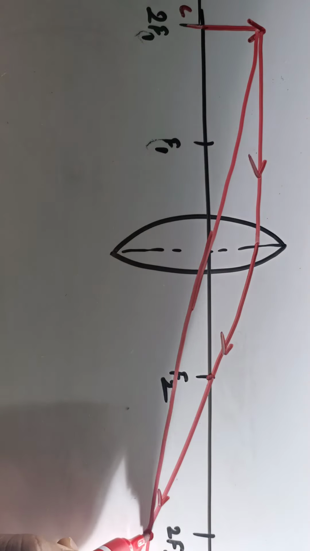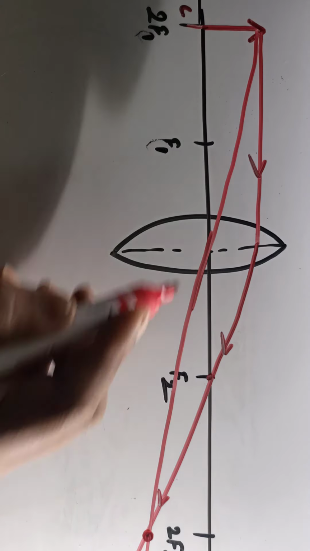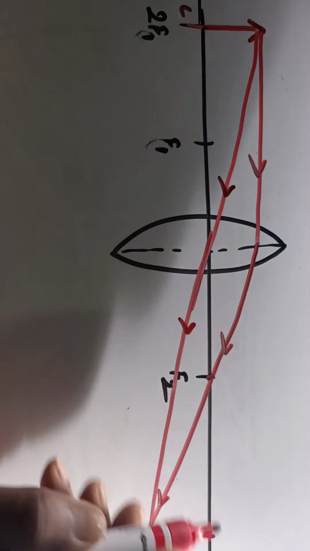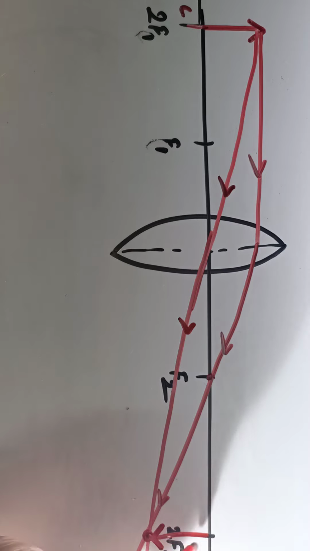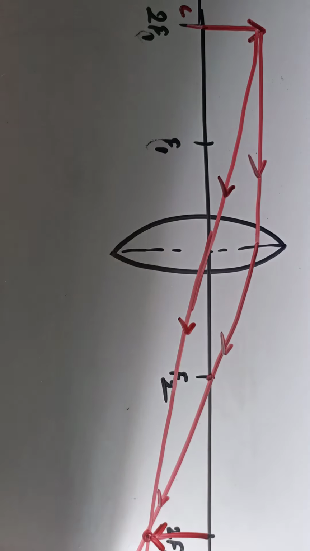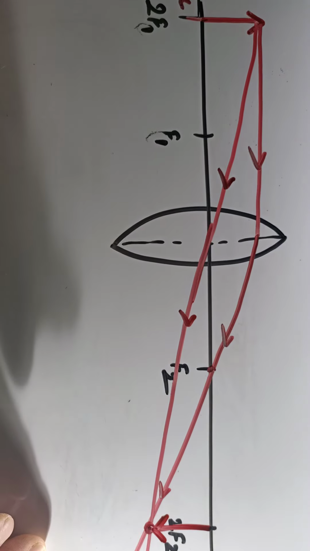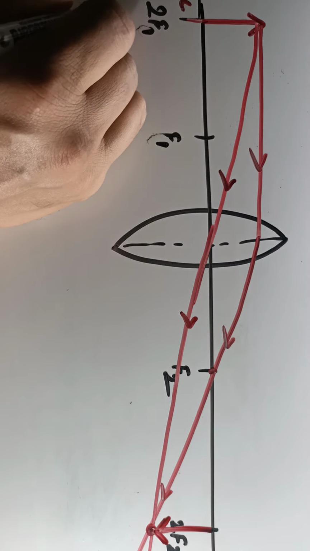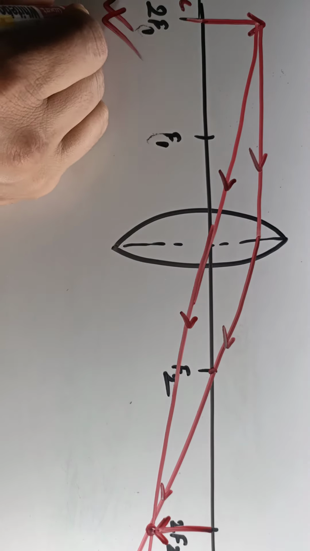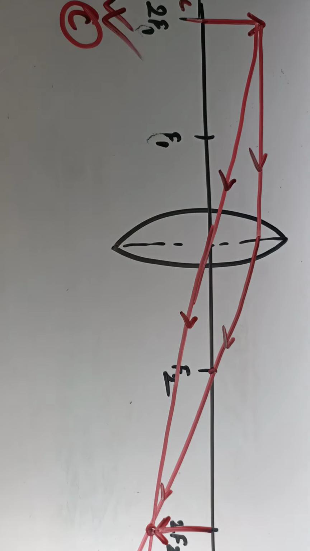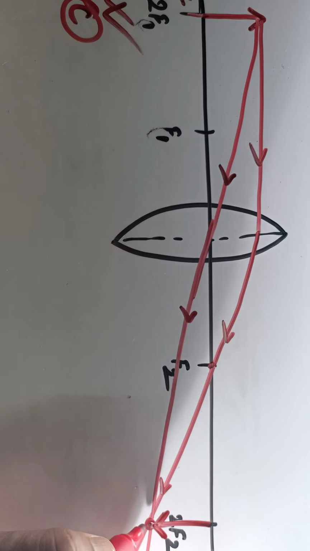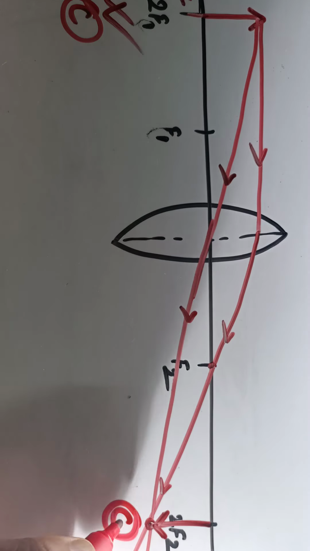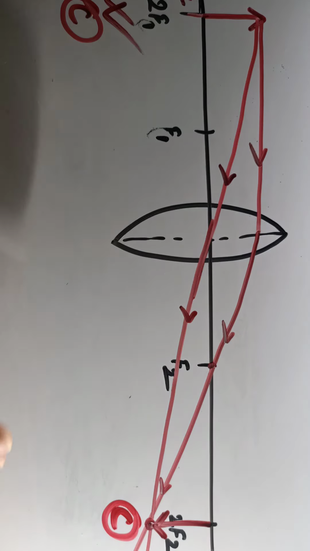You find that this is the place where the rays of light are meeting, and therefore the image is also formed here. So if you keep an object at 2f1, which is like C in case of a mirror, the image is also formed at 2f2, which is like C in case of a mirror. Keep in mind only the name is changed, f1 and f2, but the process remains the same.